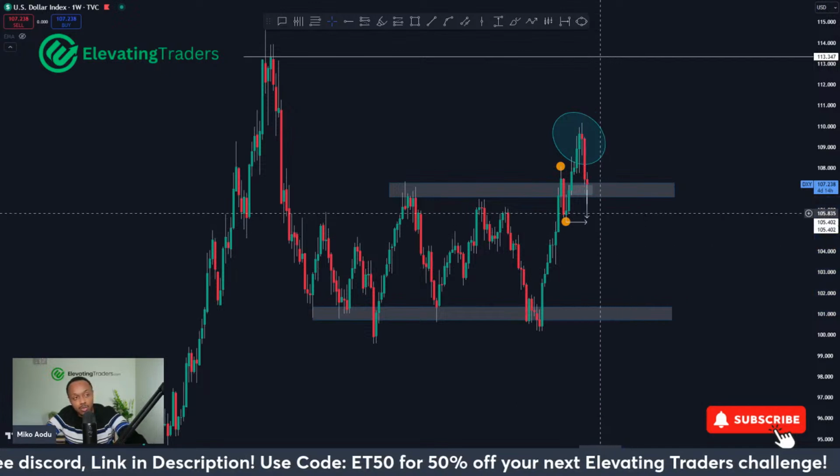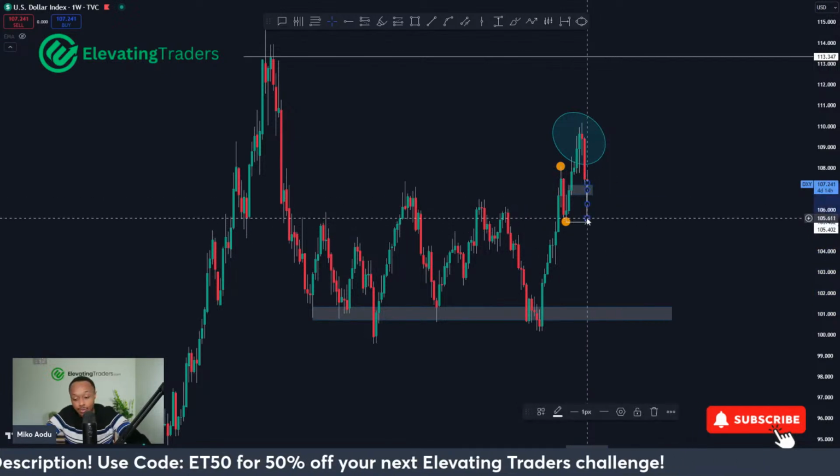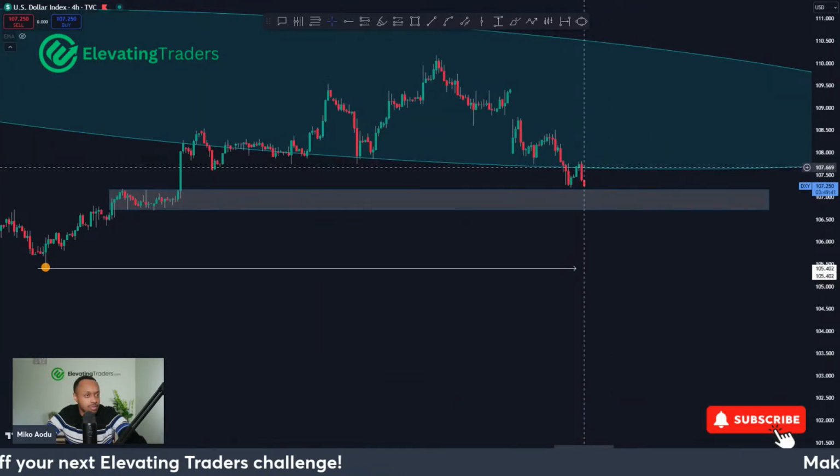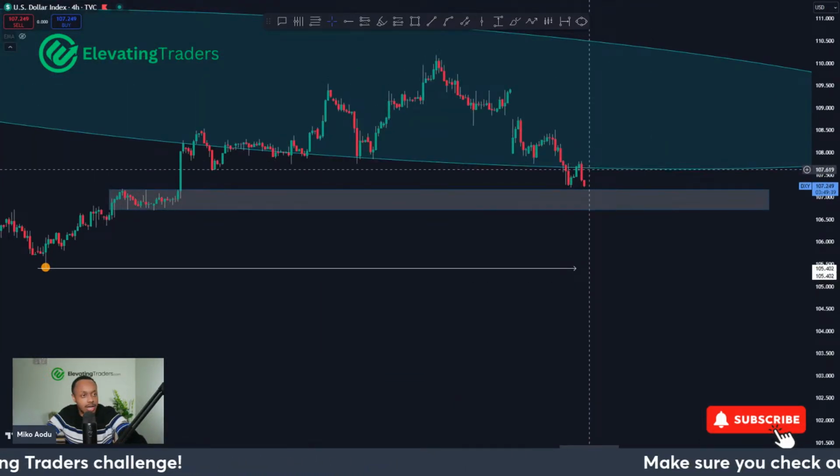So yeah, we could be looking at the dollar flipping that bias if we take out structure, which of course it hasn't done yet. So not going to get too ahead of ourselves just yet.